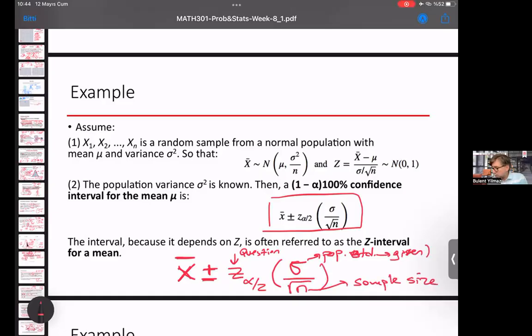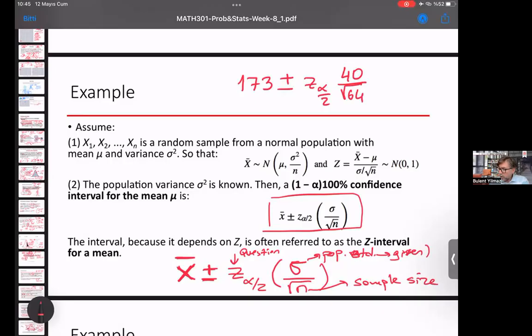Say 64 people were used to find this value. For example, we found 173 as my sample mean, so I'm going to say plus and minus z alpha over 2, which we will get to very soon, times sigma, which was, let's say, 40, divided by the square root of 64.